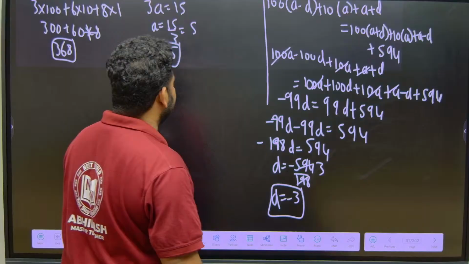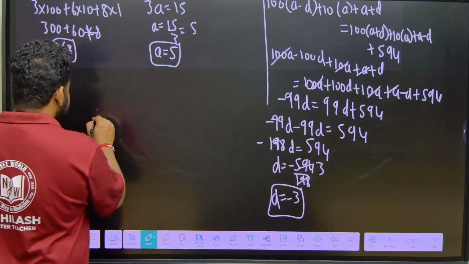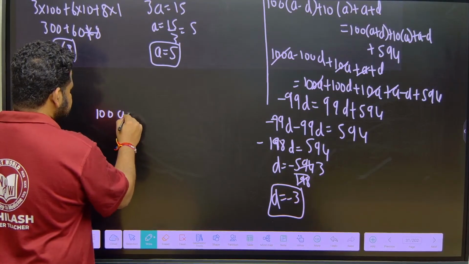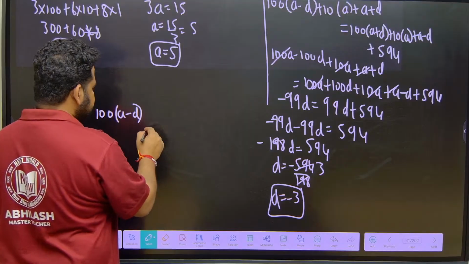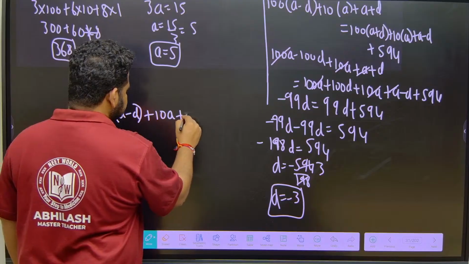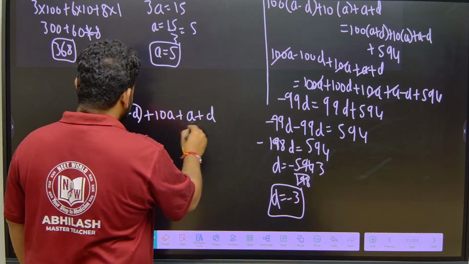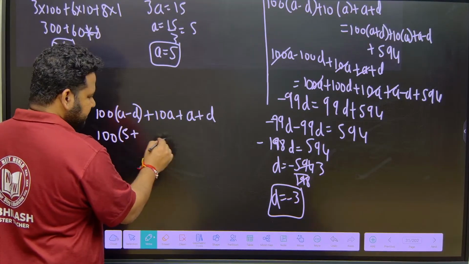Now they are asking us to find the original number. So the original number is what, friends? We have 100 into (a minus d) as the hundreds digit, and what about the other digits? Plus 10 into a, plus (a plus d). So 100 into (a minus d): a is 5, and 5 minus of minus 3 is plus 3, so 100 into 8.